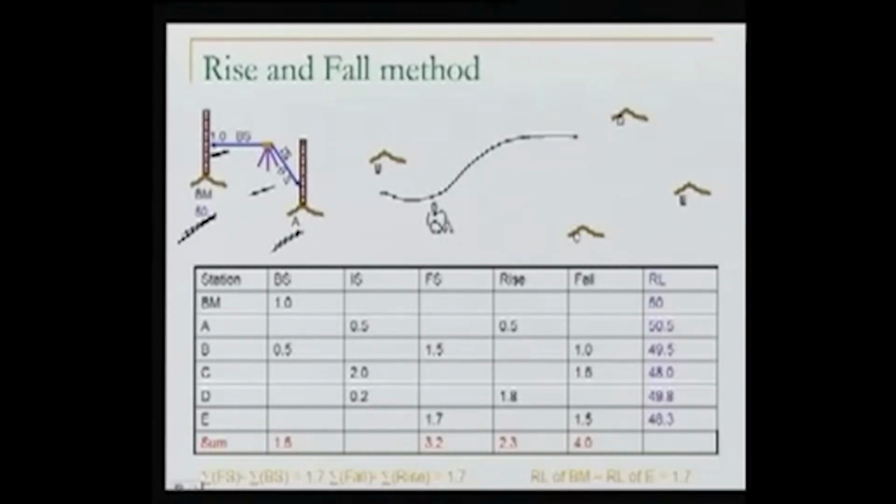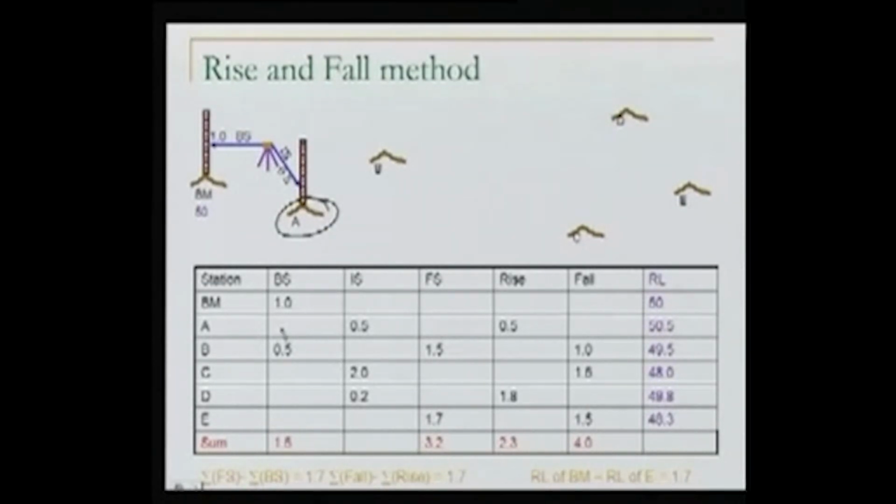If our benchmark is here and over here is A, this is where our instrument is. I am taking the observations like this. So this is 1 meter in total, and this is only half a meter. So obviously A is higher than the benchmark. So this is how I know that A is higher.